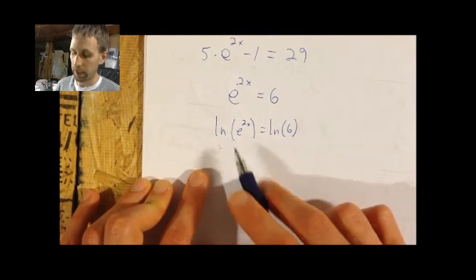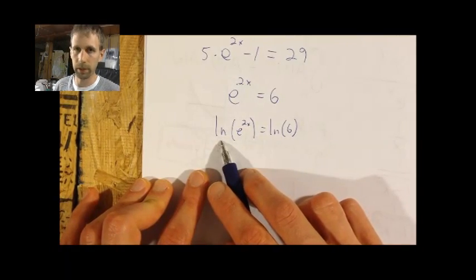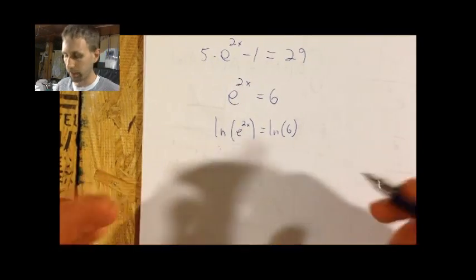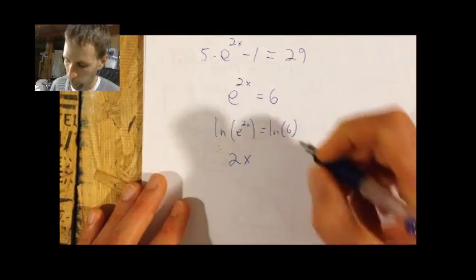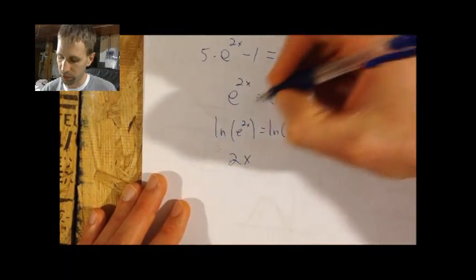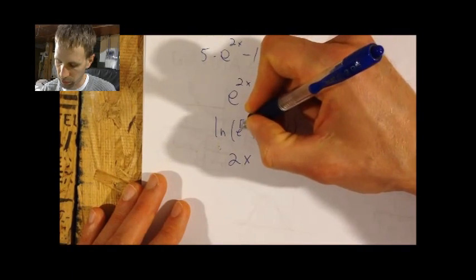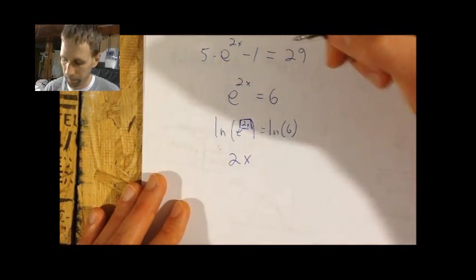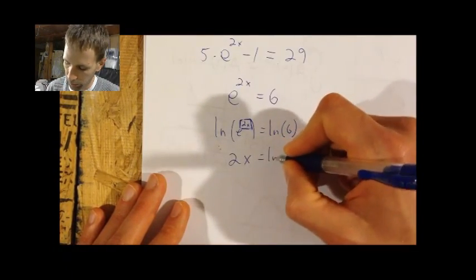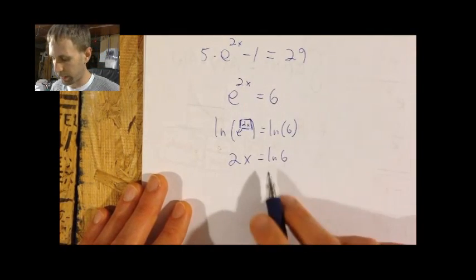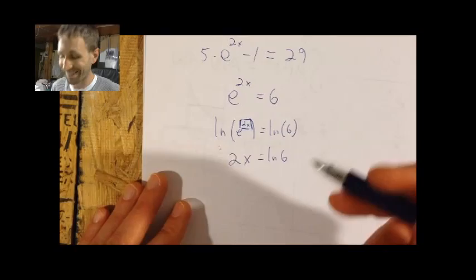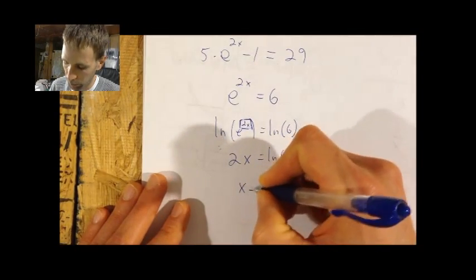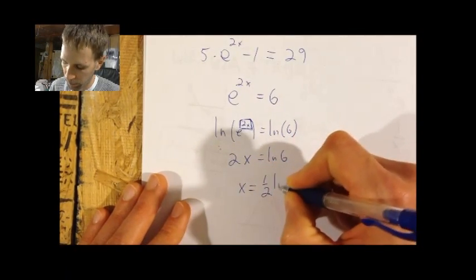So this says e to what power gives e to the 2x. The answer, via the previous reasoning, is just 2x. It undoes the exponentiation part and just returns whatever is in the exponent. 2x equals ln 6. Then you take this number, which we recognize as the power that you'd have to raise e to in order to get 6, and divide it by 2. x equals 1/2 ln 6.